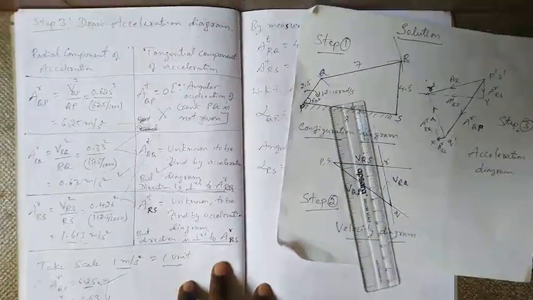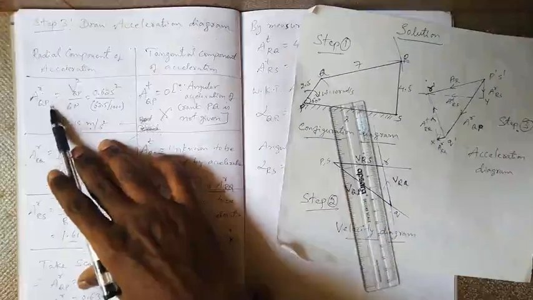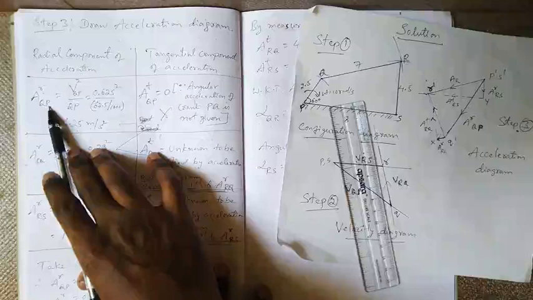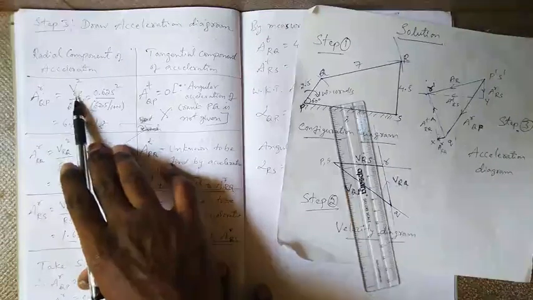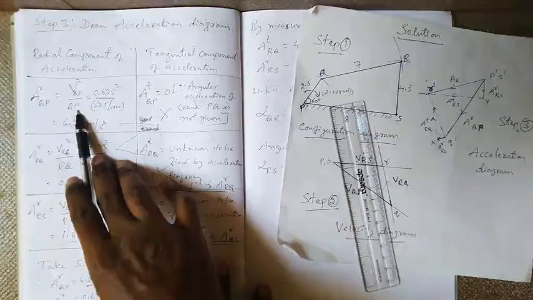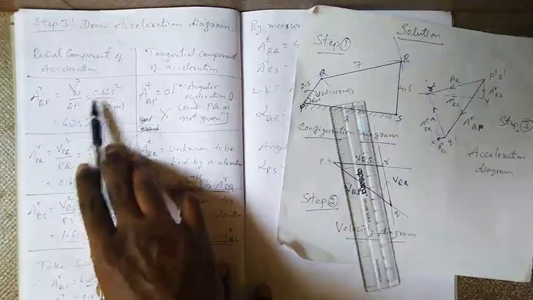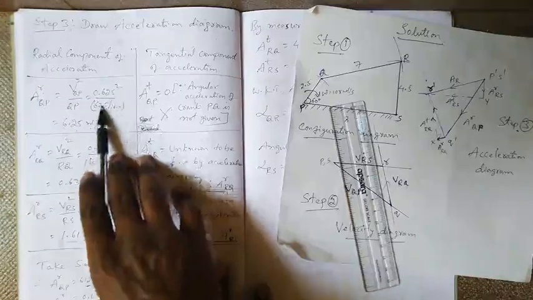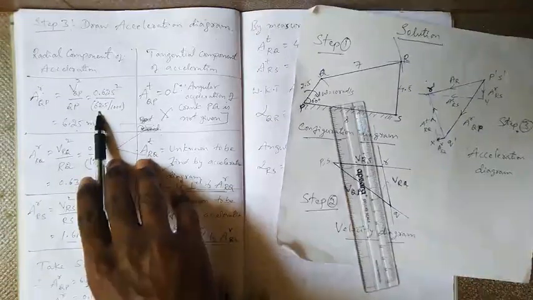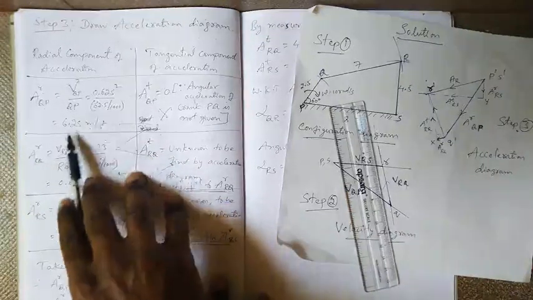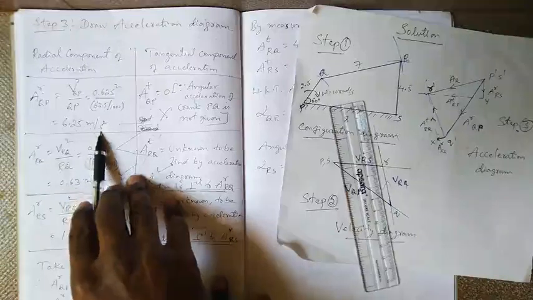The radial component of acceleration of QP is given by the velocity of Q with respect to P squared divided by the length of QP. VQP we know from the previous step, 0.625 squared divided by 62.5 divided by 1000 to convert into meters. Finally we got 6.25 meters per second squared.